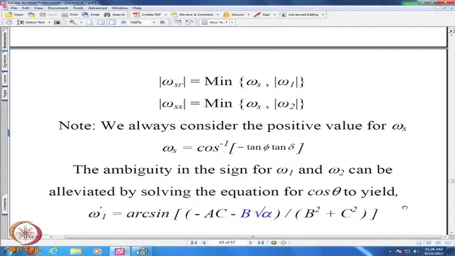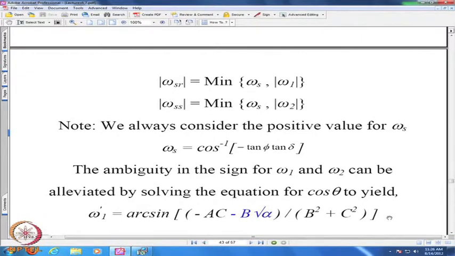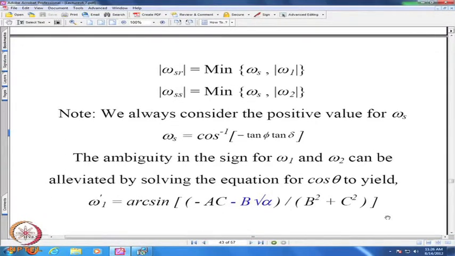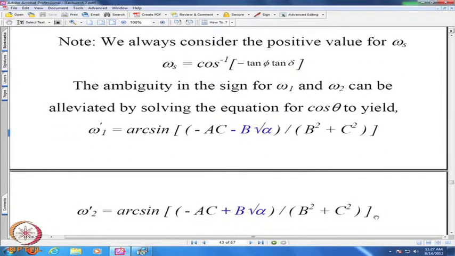So, if you solve it as a sine inverse, take out that b cos omega onto the right hand side, square it and then express it as 1 minus sin squared omega. Then I will have a quadratic equation in sin omega and solve it. Then I will get omega 1 dashed to distinguish from omega 1 and omega 2 dashed to distinguish from your omega 2.